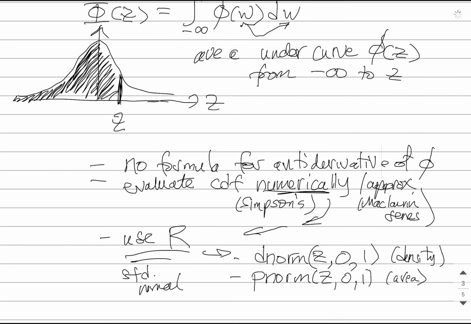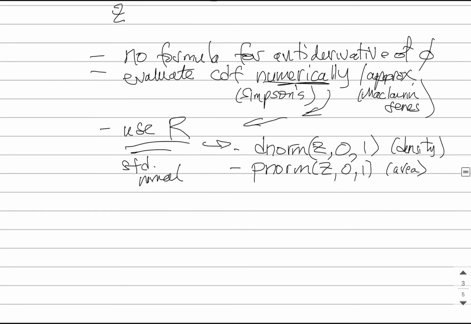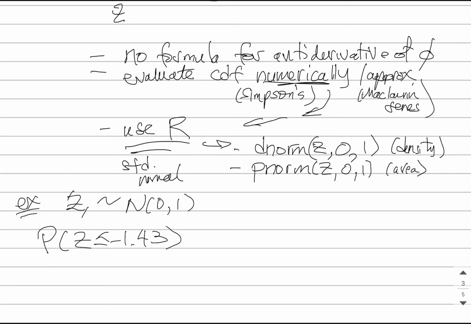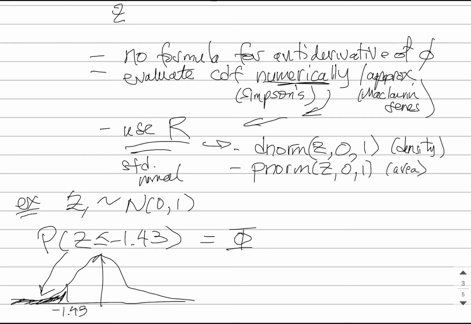So for example, if we know we've got some continuous random variable and it's distributed according to the standard normal, we are going to try to rewrite problems in terms of this CDF. So if we were looking for the probability that z is less than or equal to negative 1.43, this probability is given by, according to our notation, capital Phi of negative 1.43.